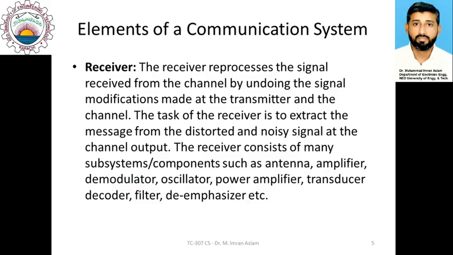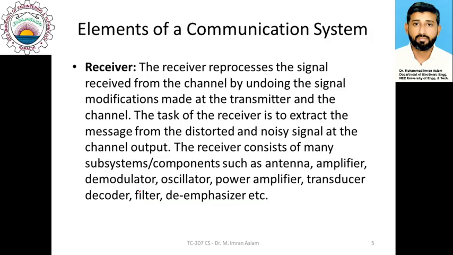As I said, the transmitter makes certain changes in the signal to make it suitable for transmission. But of course, in the original form, we do not want those changes, so the receiver is designed in such a way that it reverses all the actions that were taken at the transmitter side, so that we get the original message.